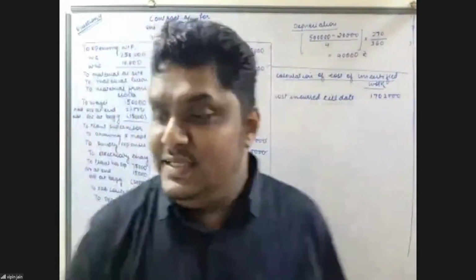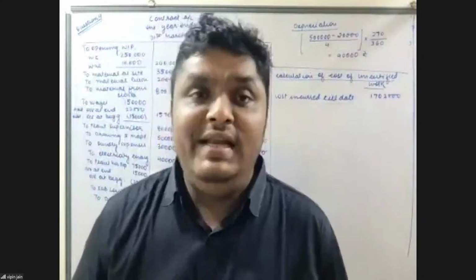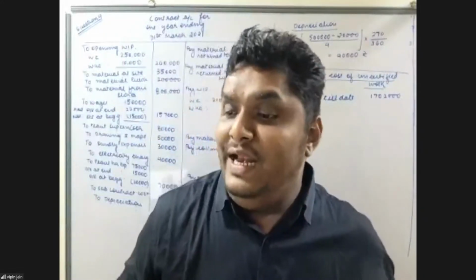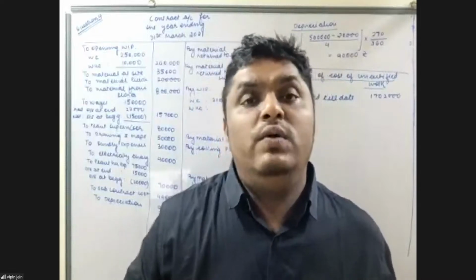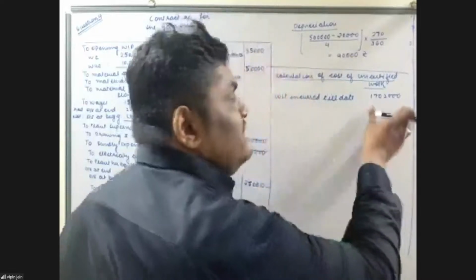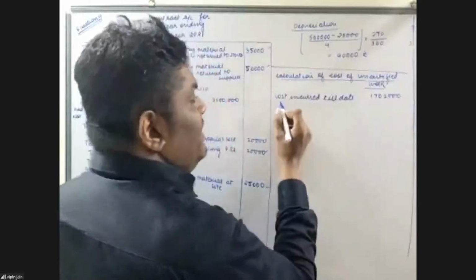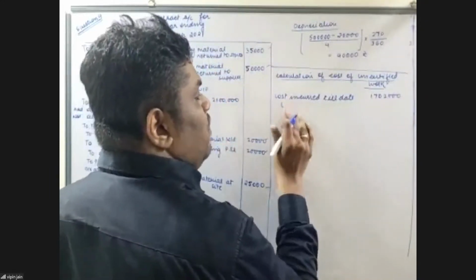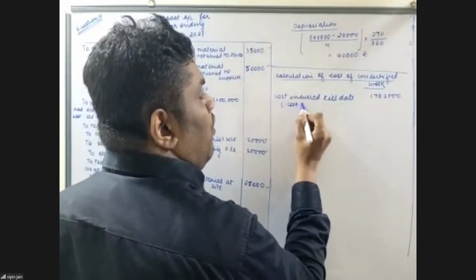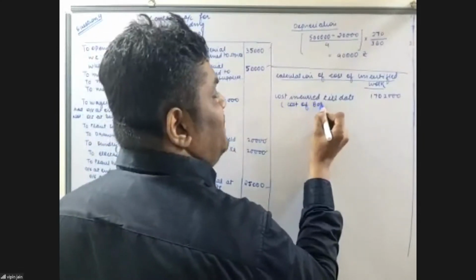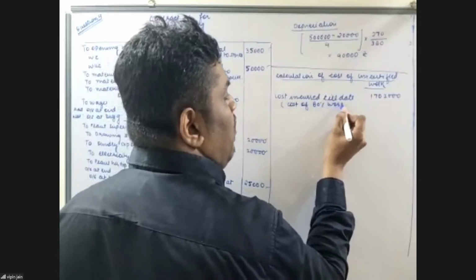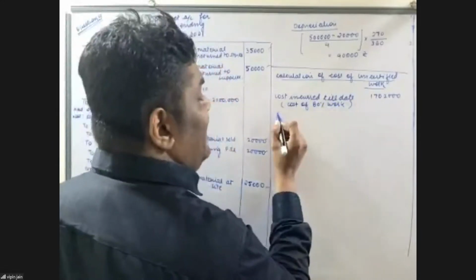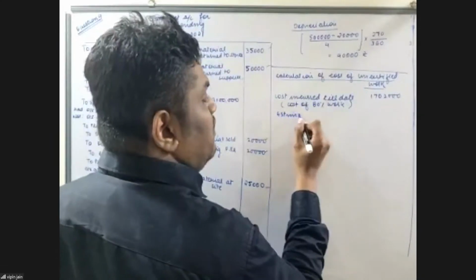The cost that is incurred till date is 17,02,000, and it is given in the question that 80% of the contract was completed. It means this is the cost of 80% work. So how much will be the estimated total cost?